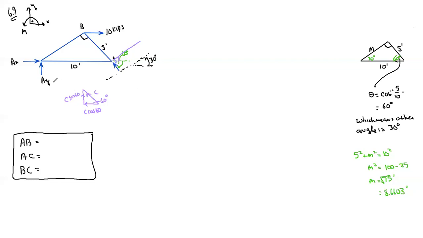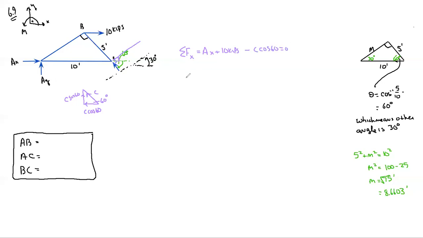Looking at the overall truss, I'm going to start with forces in the X direction. Looks like we have AX. We have a 10 kip force, and we have C times the cosine of 60.